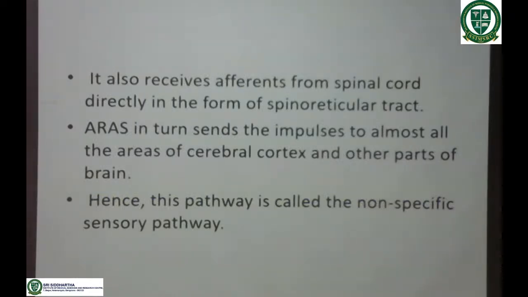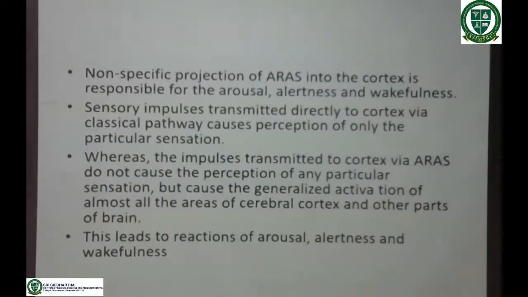It also receives afferents from the spinal cord directly in the form of the spinoreticular tract. The ARAS sends impulses to almost all areas of the cerebral cortex and other parts of the brain. Hence, this pathway is called a non-specific sensory pathway.